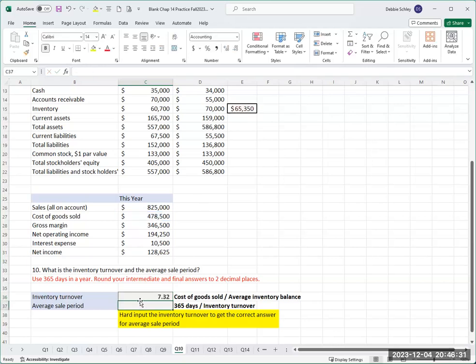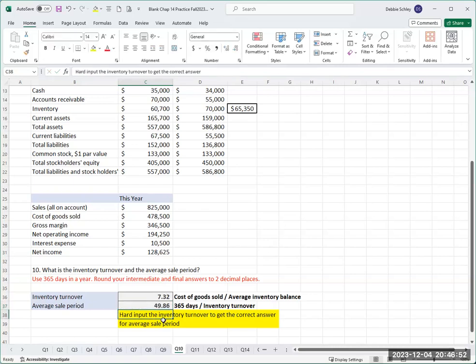So I come up with 7.32, and this is a number. It's not dollars or percents or anything. It's just a number. And then average sale period equals 365 divided by 7.32.